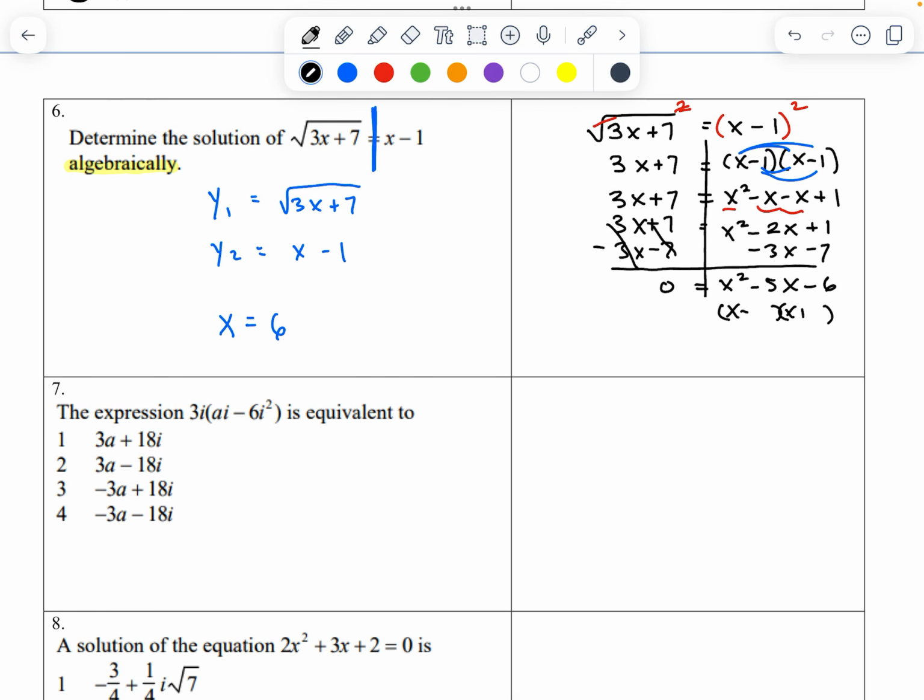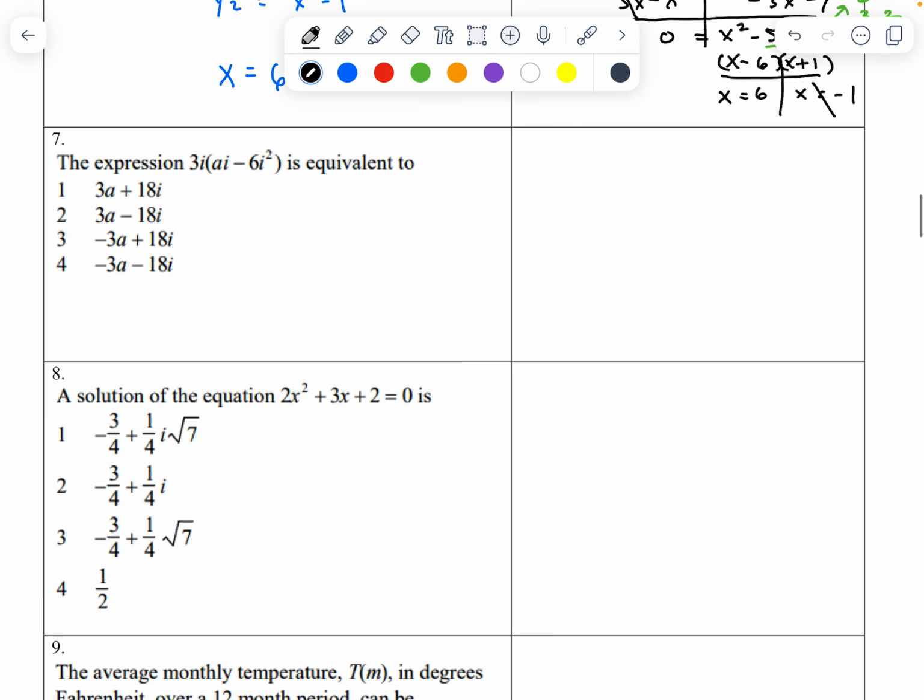A negative times a negative is a positive, and I'm looking for two numbers that multiply to 6 that add up to 5. So I'm going to choose 6 and 1 because of my signs, -6 plus 1, and the bigger number always goes first. So there's my 6, there's my -1, but remember when I told you that -1 didn't work? And there it is, there's your 6. All right, the expression is equivalent.